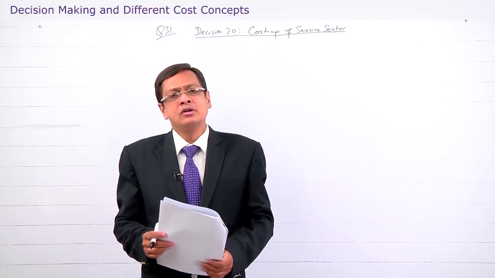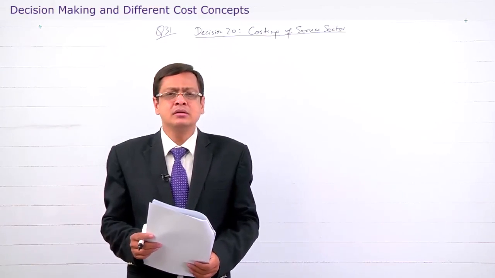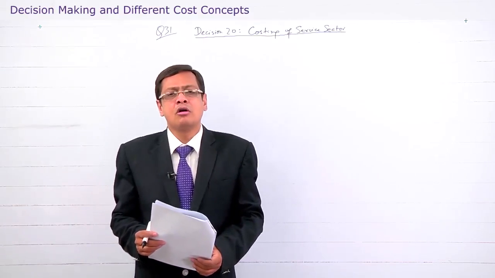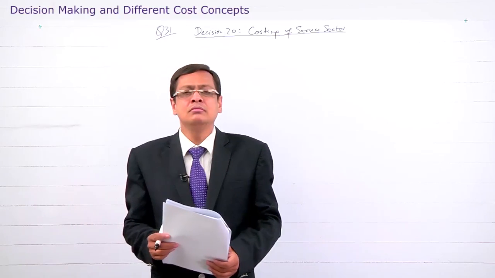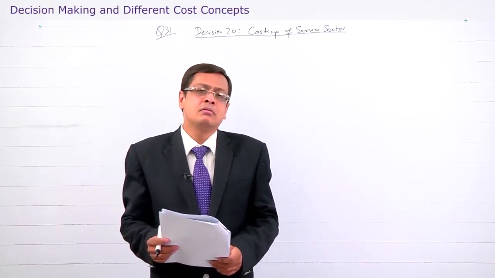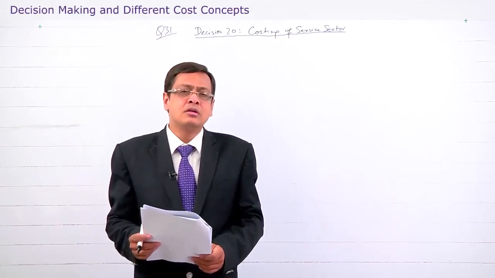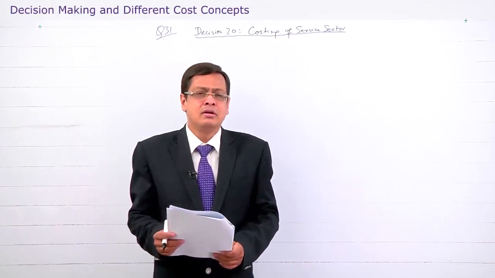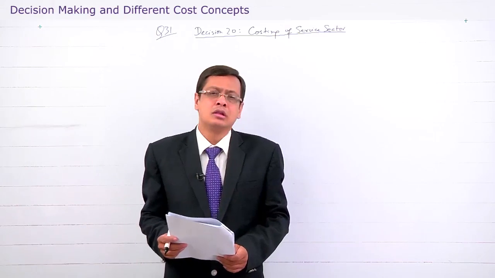One question will talk of bus transportation. Another question will talk of airline transportation. The third question will be on hospital costing, and the fourth question will be on hotel costing.